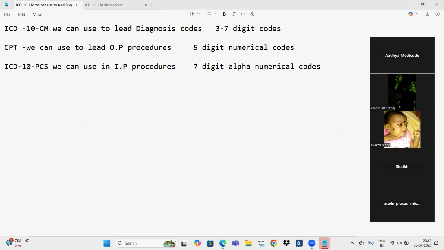Clear? Now, code books: ICD, CPT, PCS. These three books we need to use for the exam.